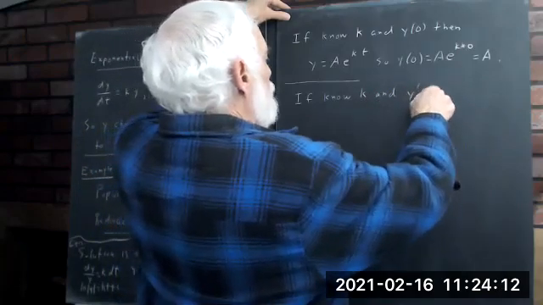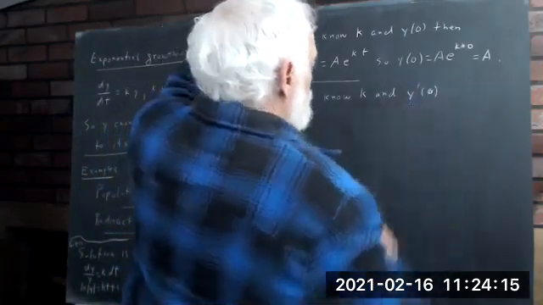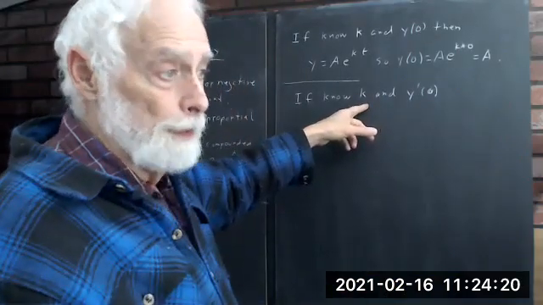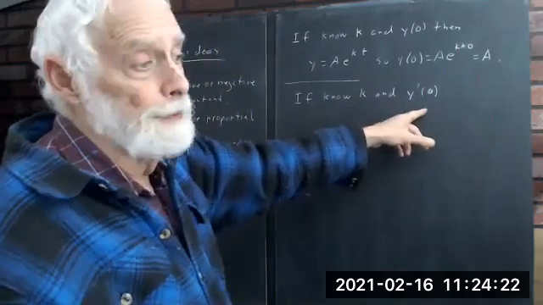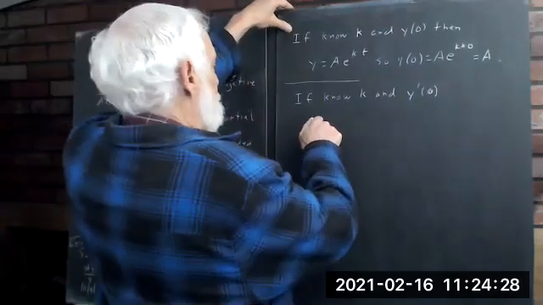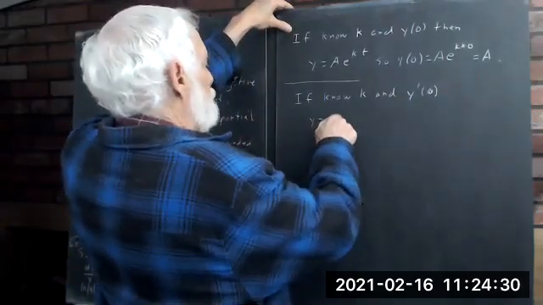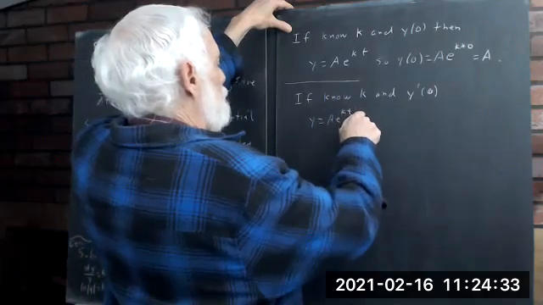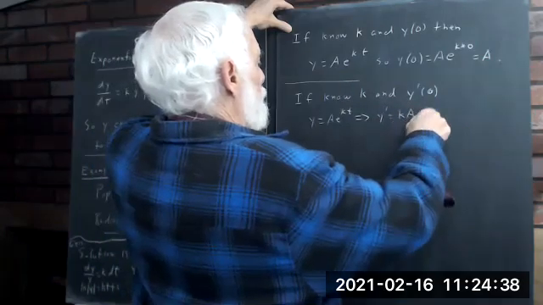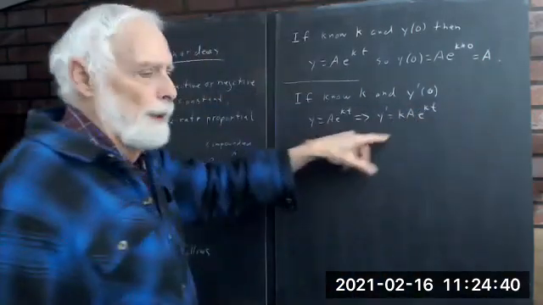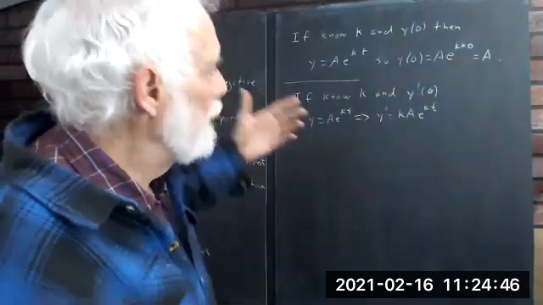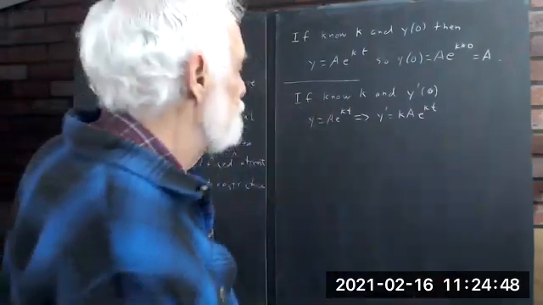And maybe we know k and y prime of 0. That is, we know the proportionality constant for our growth rate, and we know how fast it's growing at a given time. Then clearly, y prime is going to be k a e to the kt.